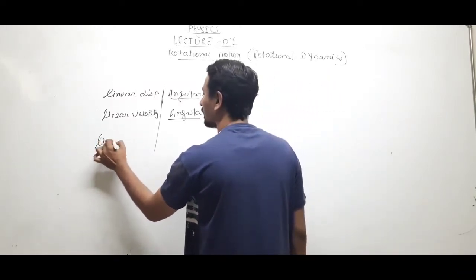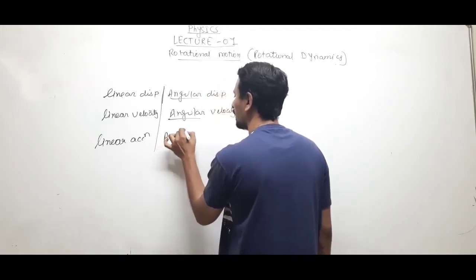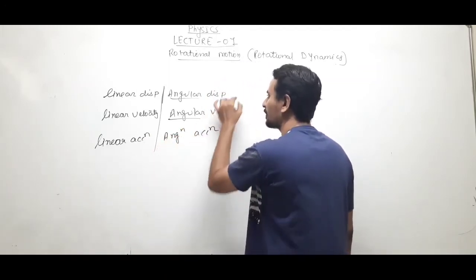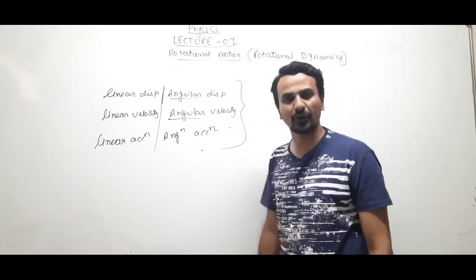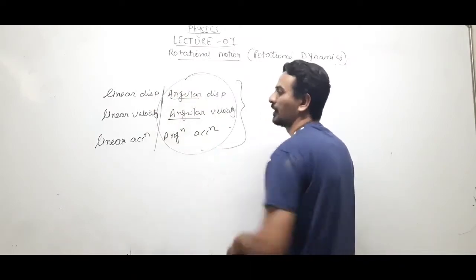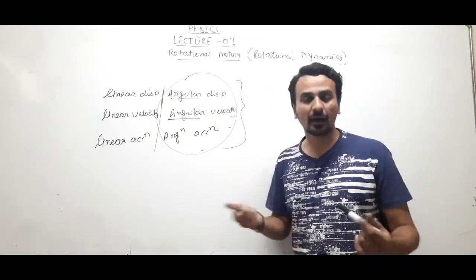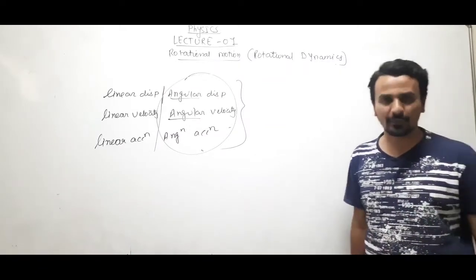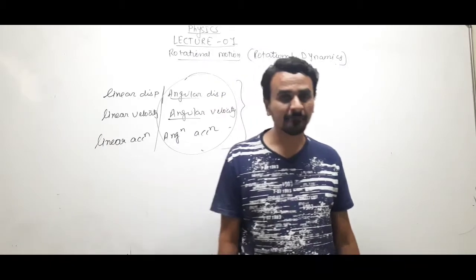Linear acceleration, angular acceleration. Okay. So turn by turn we will understand what is angular displacement, what is angular velocity, what is angular acceleration. Clear? These are all known as angular variables. By knowing about these quantities, we can come to different formulas, right? Like torque, angular momentum, moment of inertia, right?